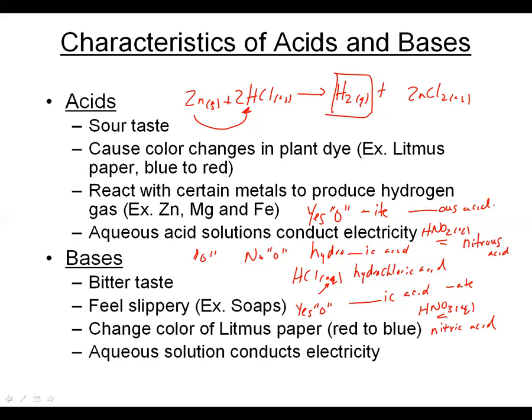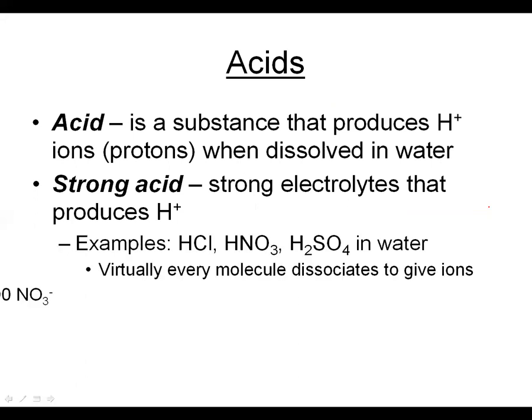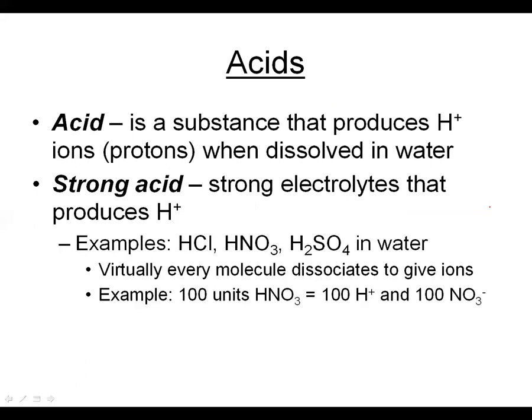Okay, so a basic definition of an acid is a substance that will produce H plus, or hydrogen ions. In acid-base chemistry, H plus is sometimes referred to as a proton. That is because hydrogen has one proton, one electron, and no neutrons.